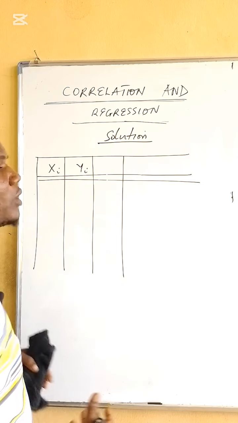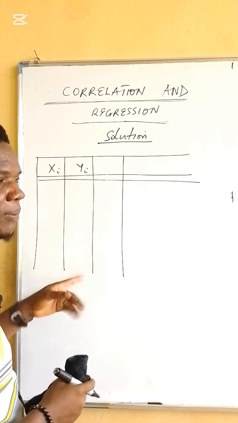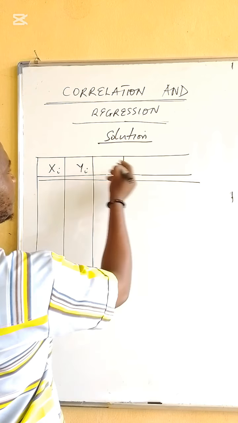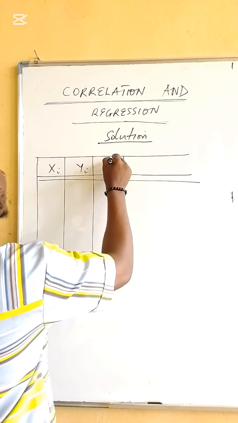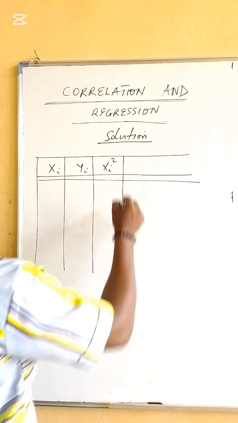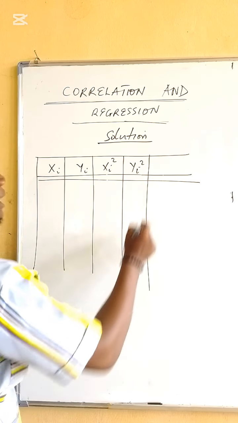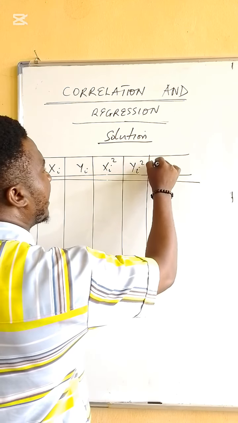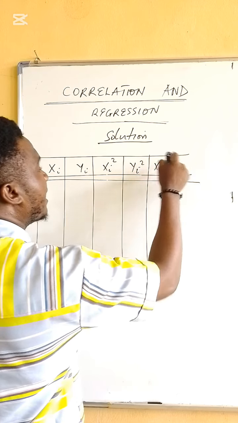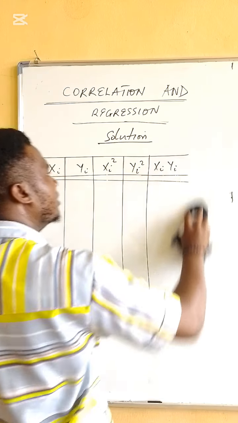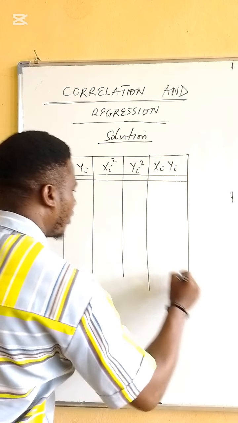I know from the formula for beta 1 cap we obtained earlier on, there was xi squared. Okay, I'm also going to be needing yi squared. I'll put that. I'll also be needing xi times yi. I'm going to put that also. So this will help me get all I need.